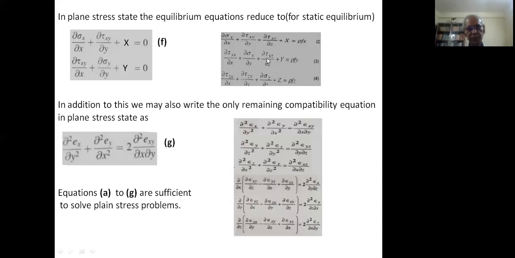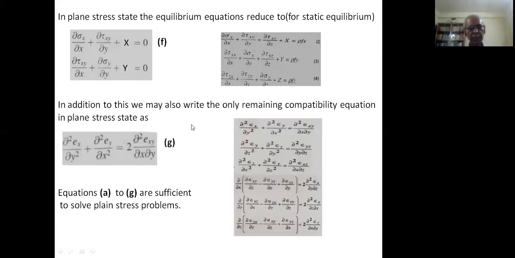This term will be 0 because tau yz is 0, plus Y, capital Y, is the body force, and the right hand side is as usual not there because this is the mass into acceleration, which is not applicable for static equilibrium. So we have got here del tau xy by del x plus del sigma y by del y plus Y is equal to 0. So we have got a very simple form of the equilibrium equation which contains only 2 equations.